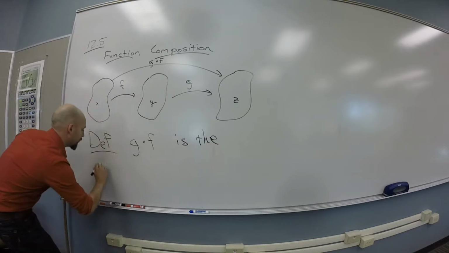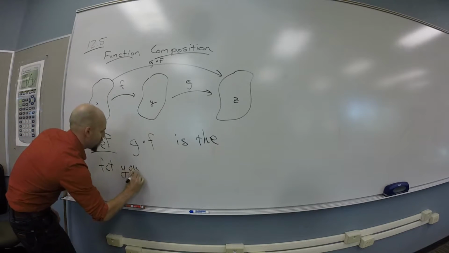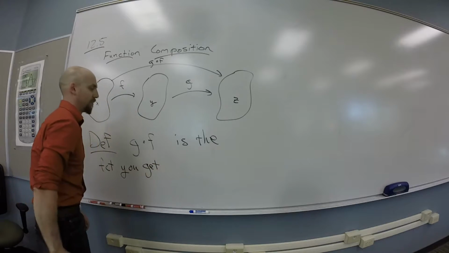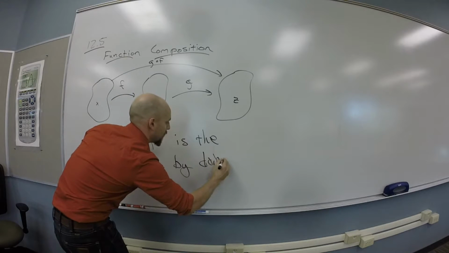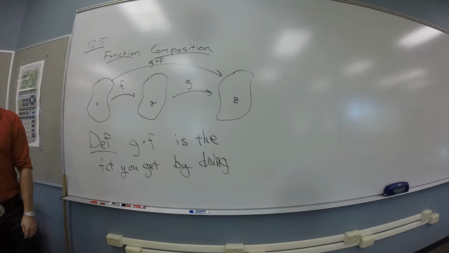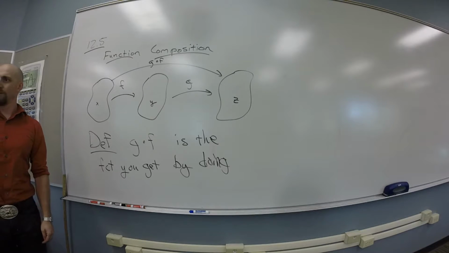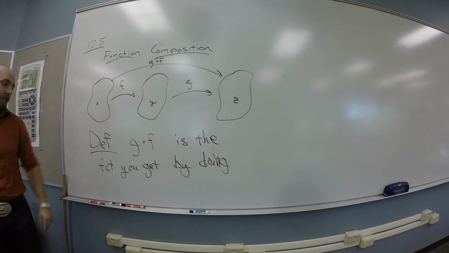is a function you get by doing, which one do I do first? F. Yeah, it's got to start over here. So I do f first, then g.